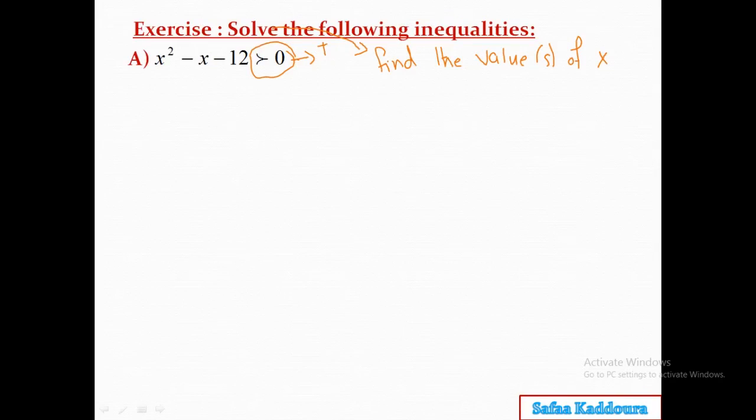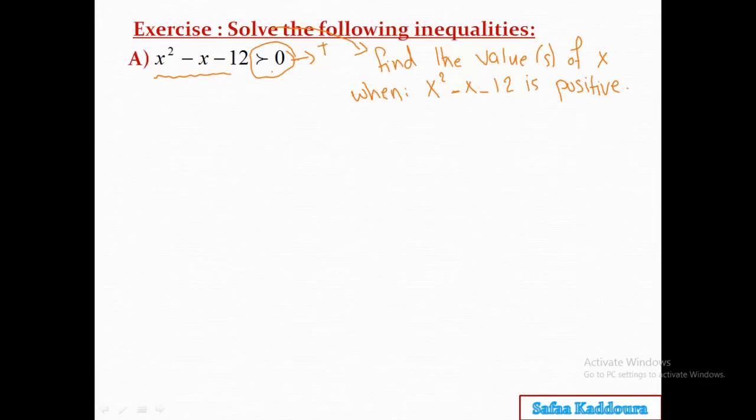Let's continue. When x squared minus x minus 12 is positive, this is the exact meaning of this inequality. To find the value of x when x squared minus x minus 12 is positive.